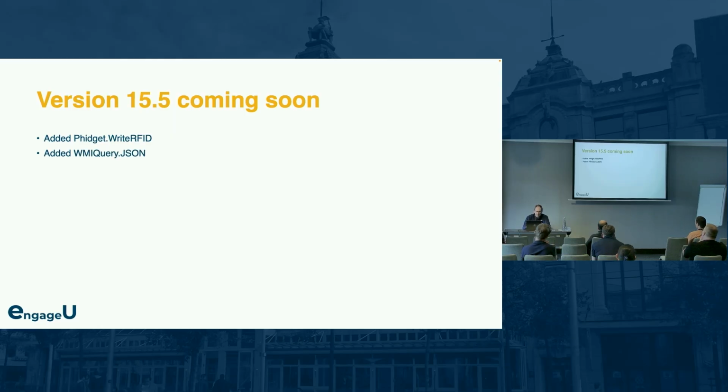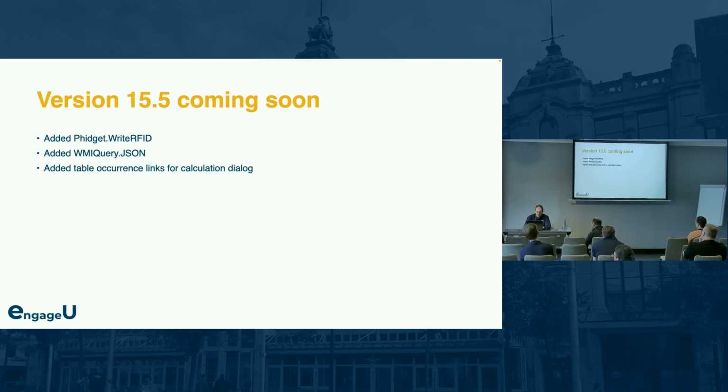We also got Windows Management Interface, I think it is, to query things on your computer, like the list of serial ports, the list of hard disks, the list of motherboards, the list of CD drives, whatever. You can make a lot of hardware queries with WMI, and we got a function to return you the result as a JSON.